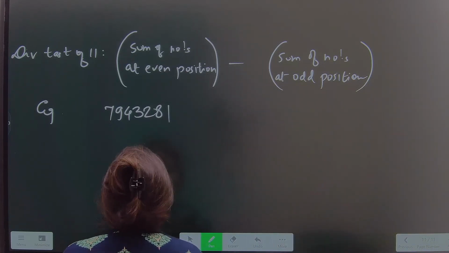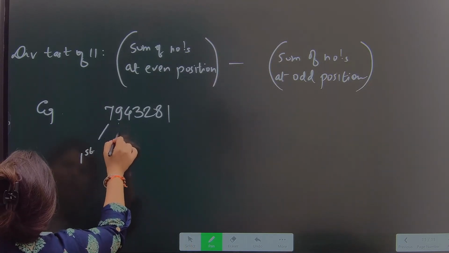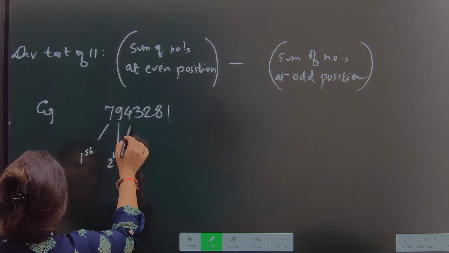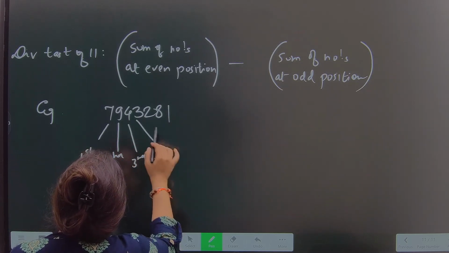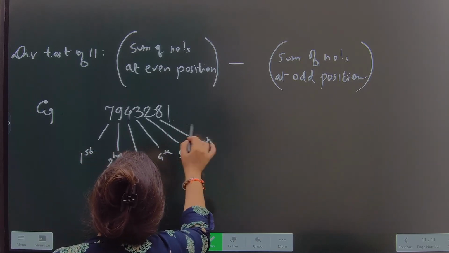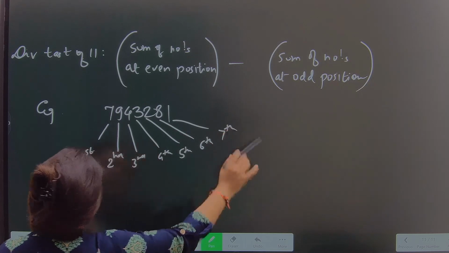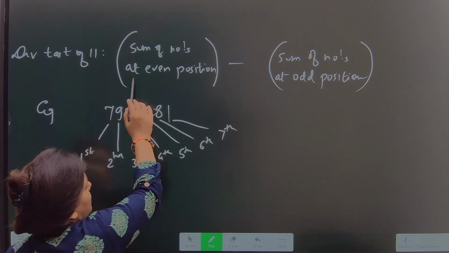So, देखो, 7 is at the first position, 9 is at the second, 4 is at the third position, 3 is at the fourth position, 2 is at the fifth position, 8 is at the sixth position, and 1 is at the seventh position. मैं odd और even numbers की बात नहीं कर रही.